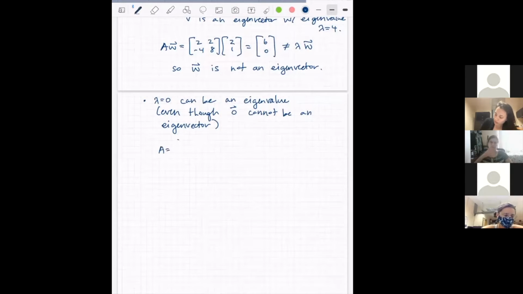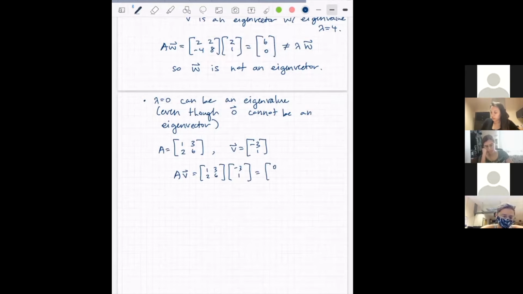If we have A equal to 2, 6, minus 3, 1, then if you look at A times v, this is the following, which gives you minus 3 plus 3, so 0, and minus 6 plus 6, which is also 0, which is equal to the constant 0 times the vector v, right?